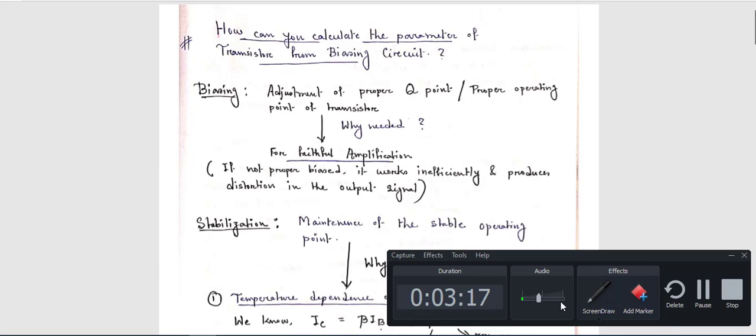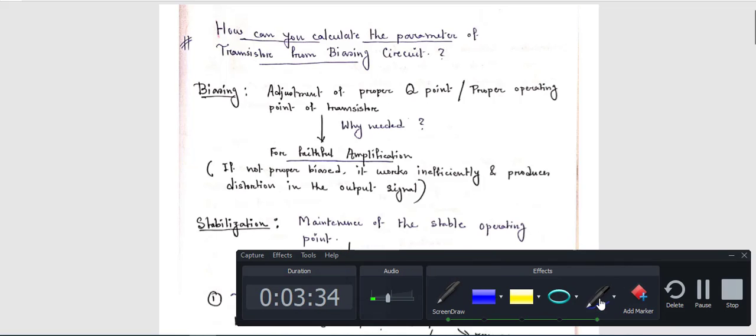Now in case of common emitter configuration, base is the input side, that means base current IB is the constant parameter. Now can you remember the output characteristics of a transistor in CE configuration? First you have to draw a two-dimensional figure having x-axis and y-axis, and the output characteristics curve of a transistor is like this.